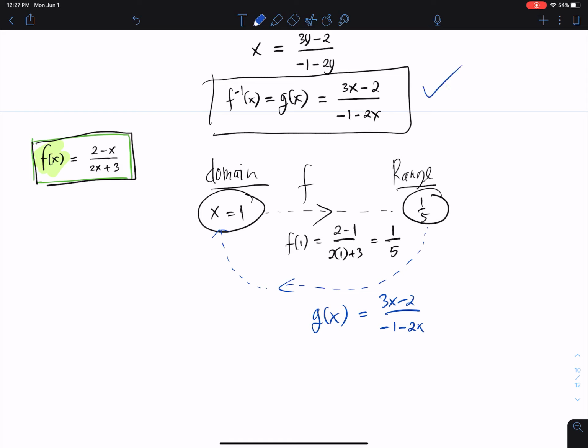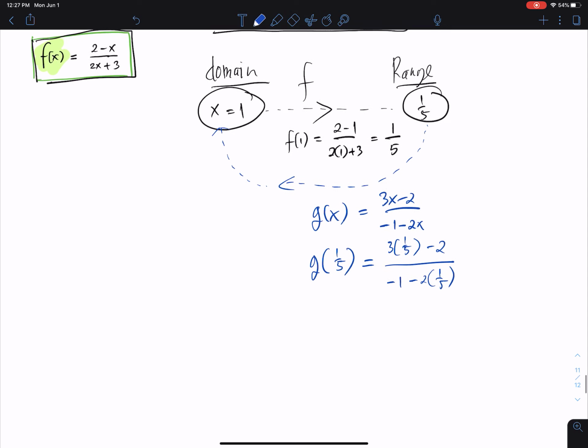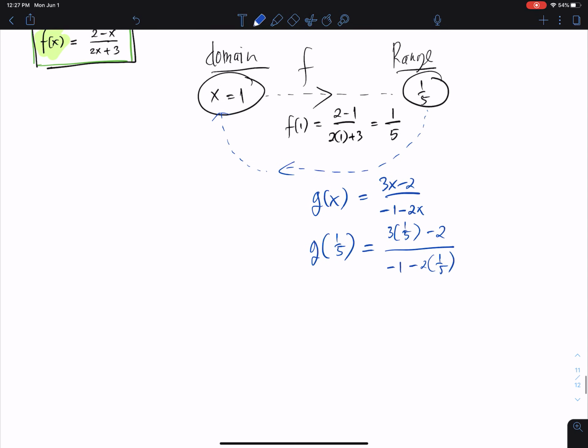So put g(1/5). We will have 3 times 1 over 5 minus 2, over minus 1 minus 2 times 1 over 5. It's a bit complex calculation, but no worries. 3 times 1 over 5, we get 3 over 5 minus 2, over minus 1 minus 2 over 5.